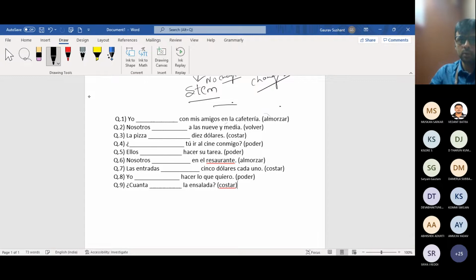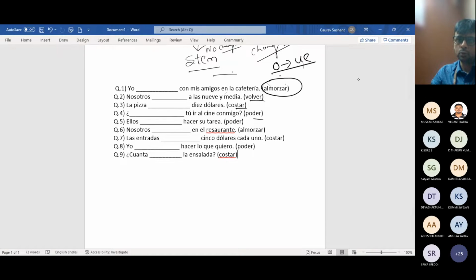So if you see here, the verbs are already given: almorzar, volver, costar. They are all stem changing verbs, and there is only one type of change which is going to happen. O will change to UE. So it should not be a problem now to conjugate these verbs. So do it, all of you.